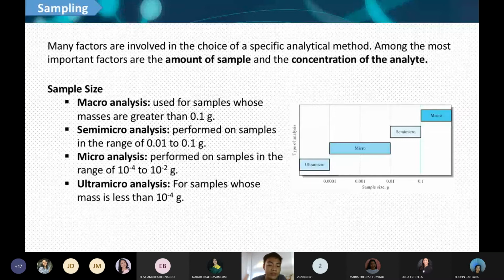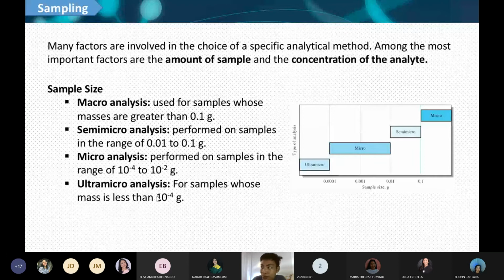Okay? So you have to identify first how much sample do I have here. Then after that, you check our cookbook, no? That is the book na may steps kung paano magawa ng analysis. So every type of analysis specific yan for different sample sizes. Okay, so kapag super onti yung sample mo, hindi mo gagawin yung macro analysis methods.